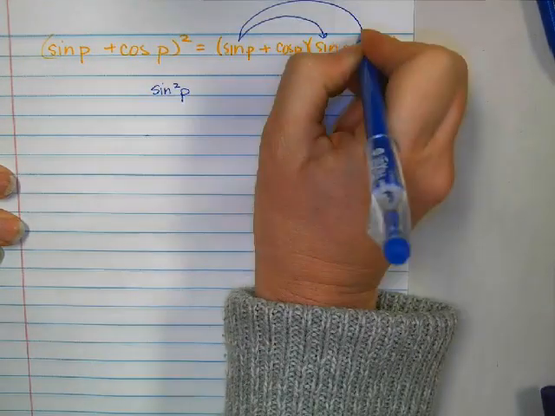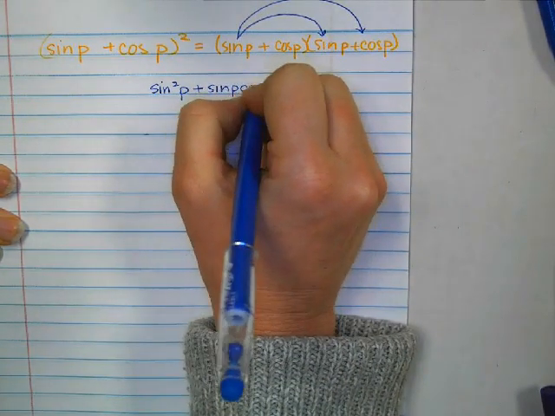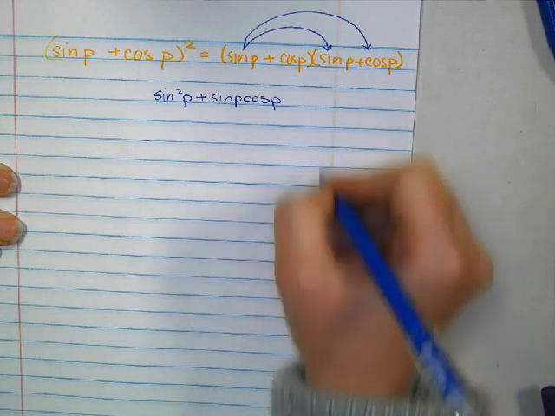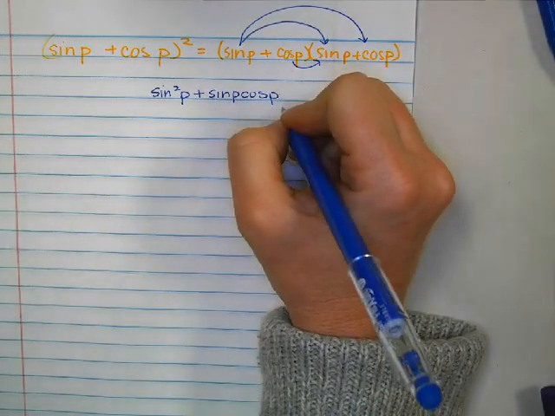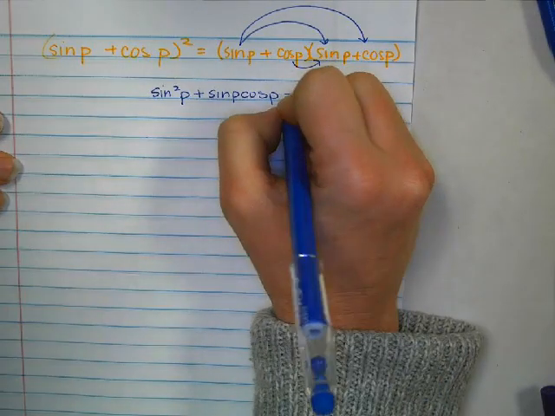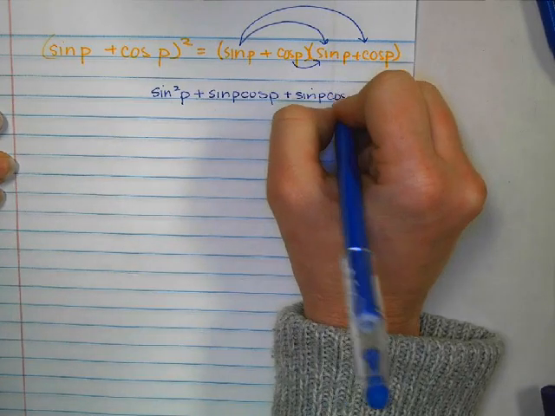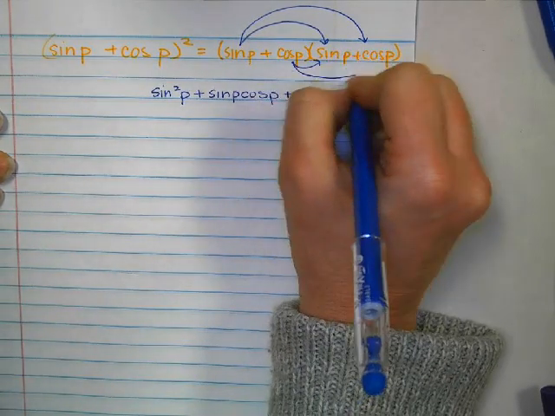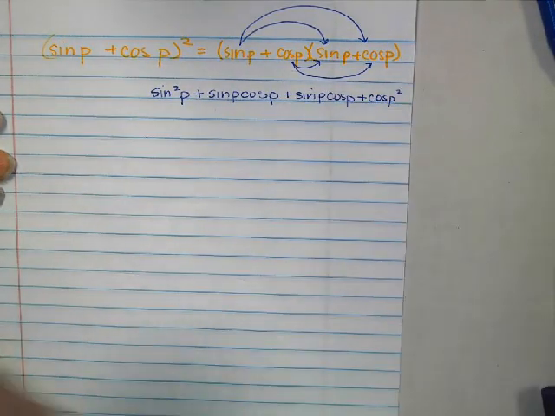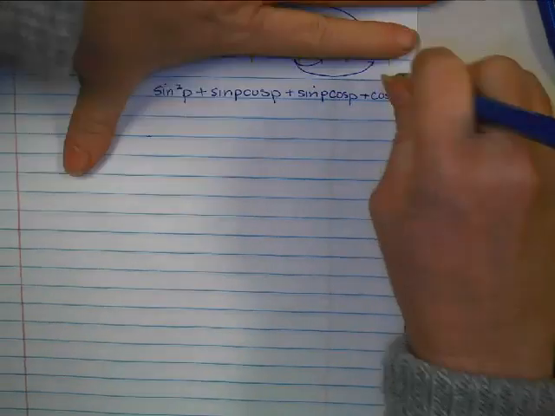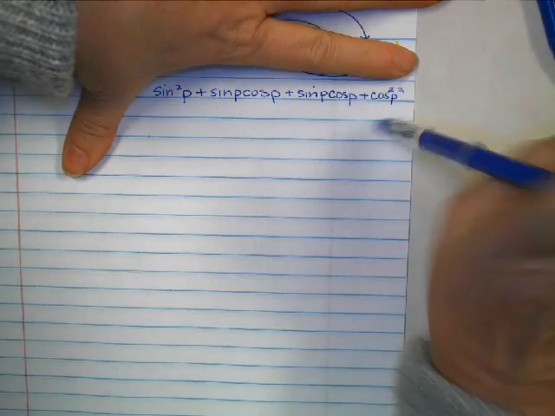Sine p times cosine p is just sine p cosine p. Cosine p times sine p is also sine p cosine p. Do we have to have it twice or do we just put two? You can put 2 if you want to, but I'm going to do that in just a second. And then cosine p times cosine p is cosine squared p. I should put the square between the cosine and p. Sorry, excuse me for making a mistake.